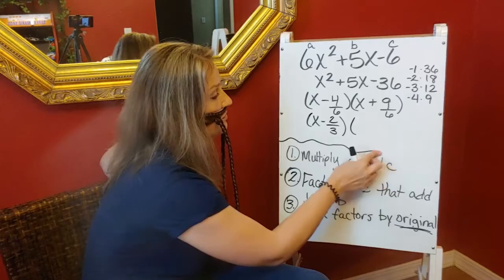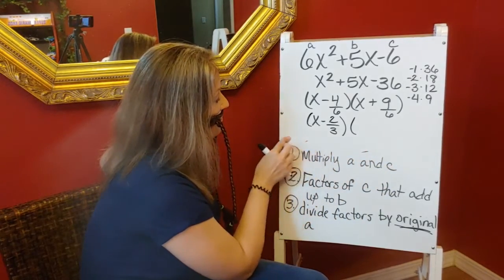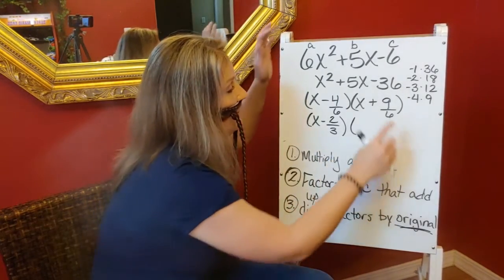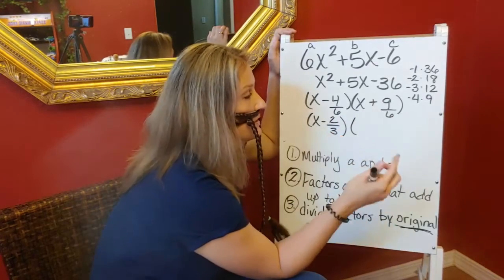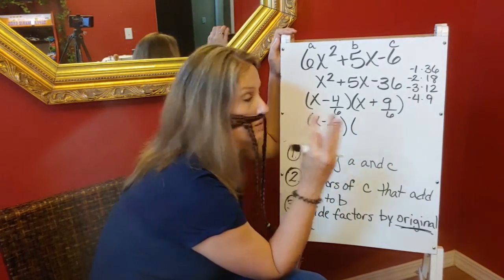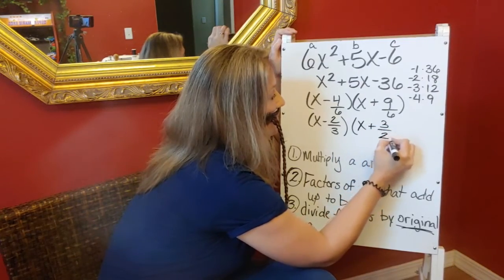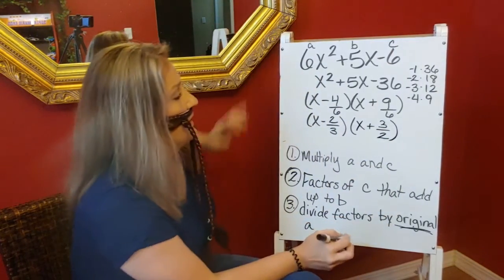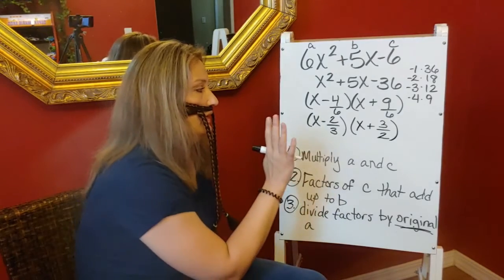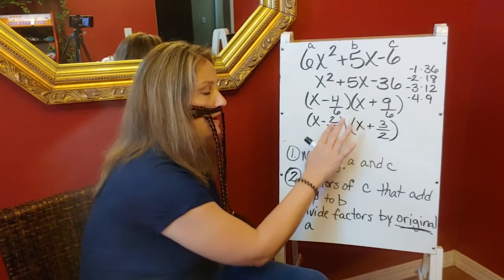I'm going to need some more room. And 9 over 6 is also going to simplify because 3 will go into both of those. X plus 3 halves.